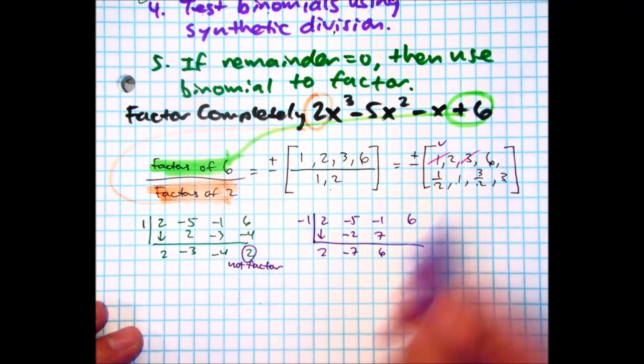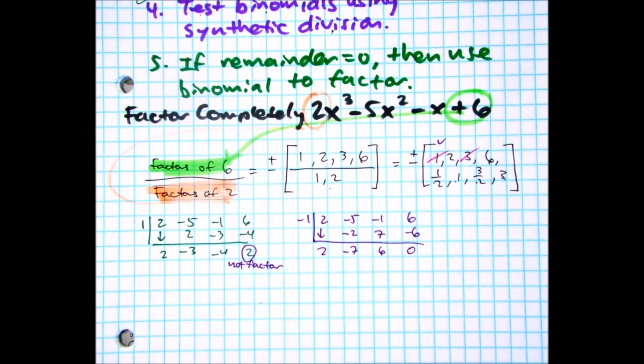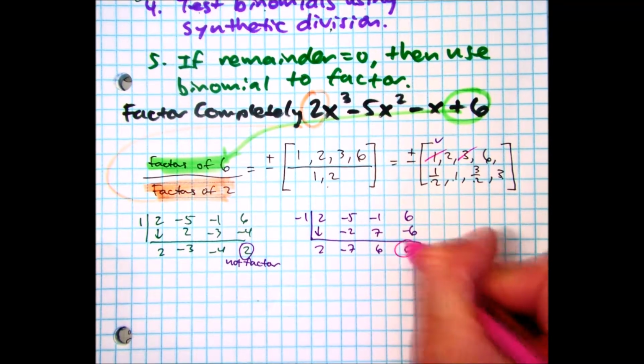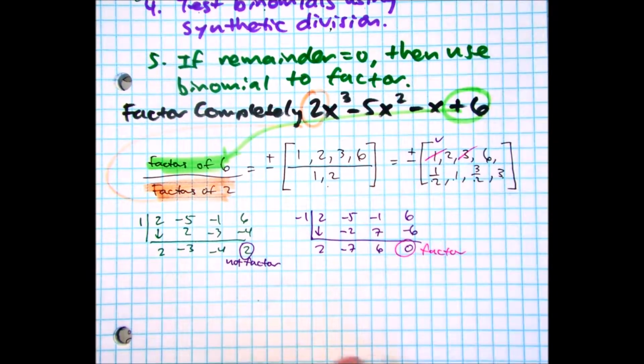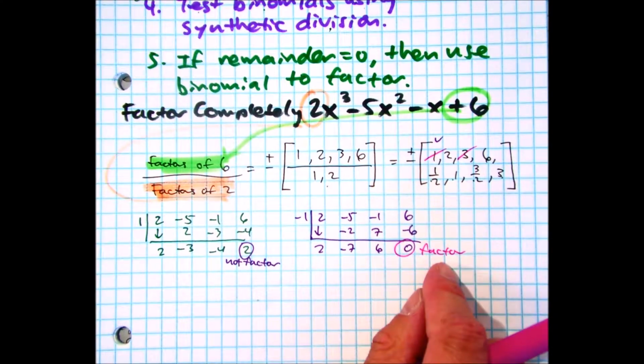Did we get 0? Yeah. Everyone say yay. Do you want to test the other 10? Then say yay. We can almost stop. Here's the reason why I can stop. -1 is a factor.